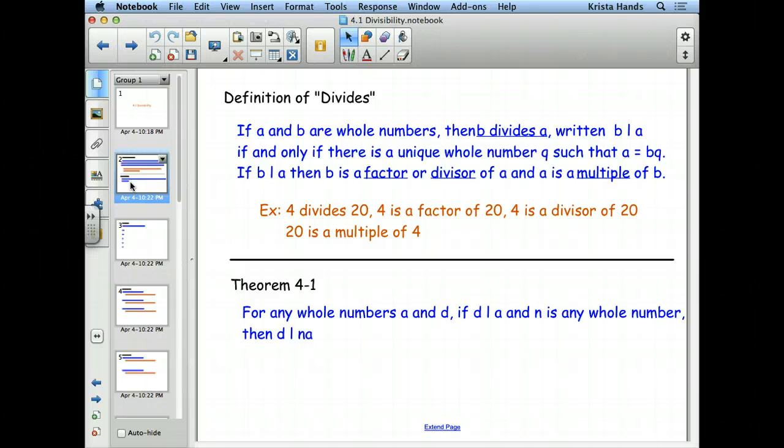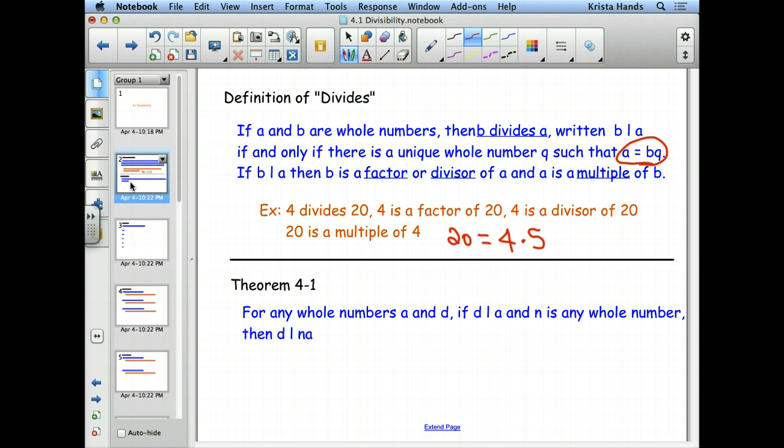So we're going to get started with some basic rules about, first of all, what the idea of something divides means. If we've got A and B and they're whole numbers, we say that B divides A if there is a unique whole number, Q, such that A equals B times Q. Just to give you a real quick example, 4 divides 20 because we can take 20 and write it as 4 times some value, in this case 5.